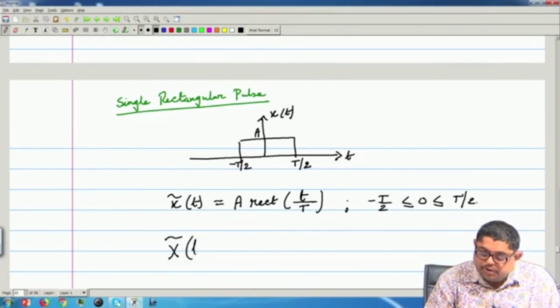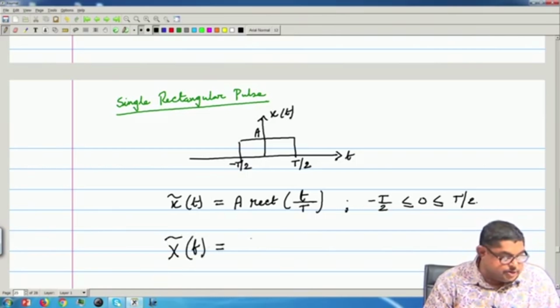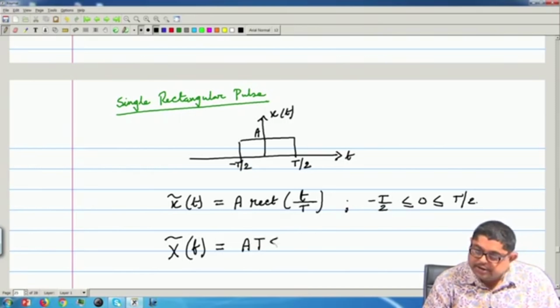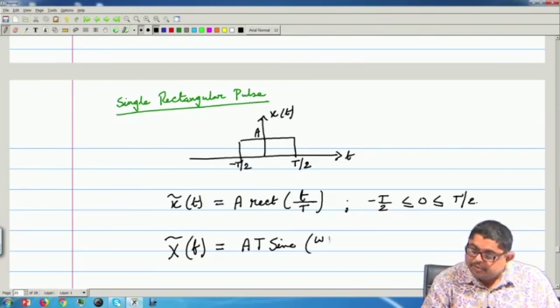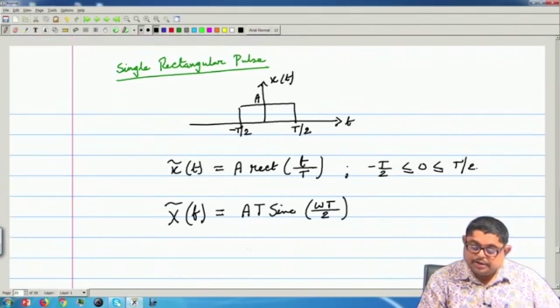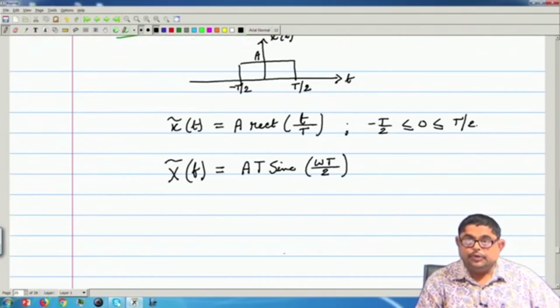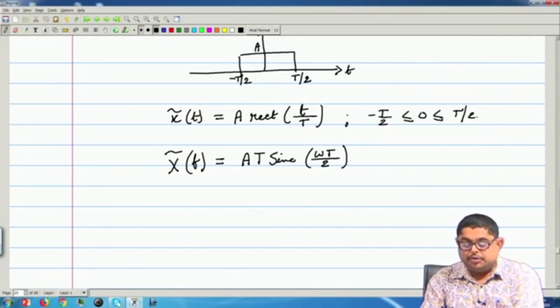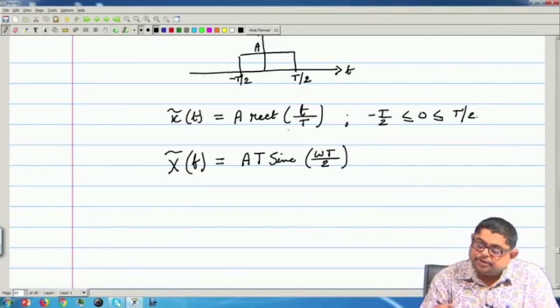So, we know its spectrum is given by A tau, A t sinc function, omega t by 2. So, you see that instead of finding the autocorrelation function of this signal, that also we can do.